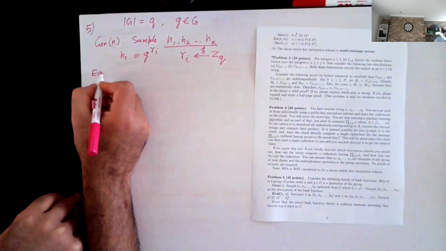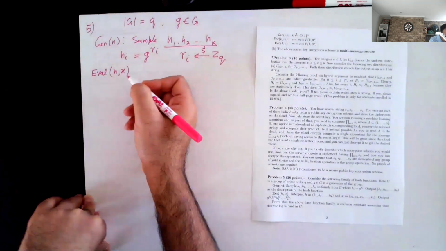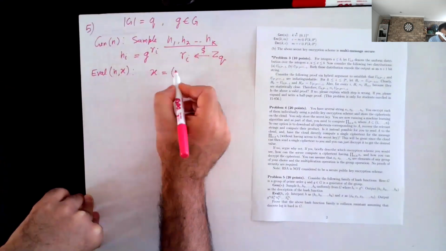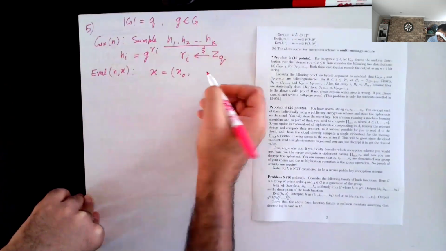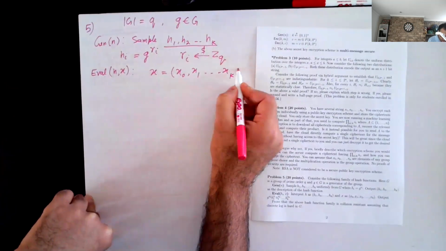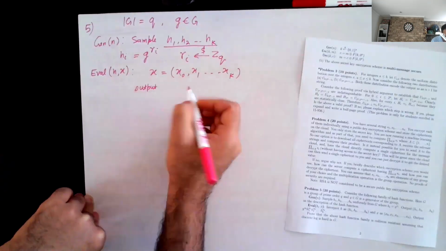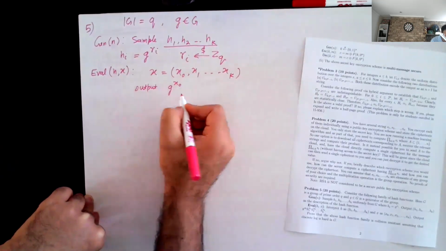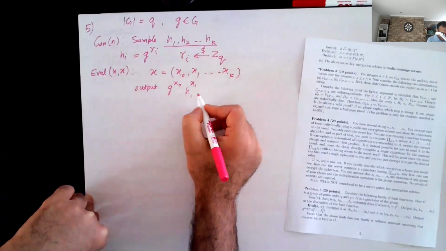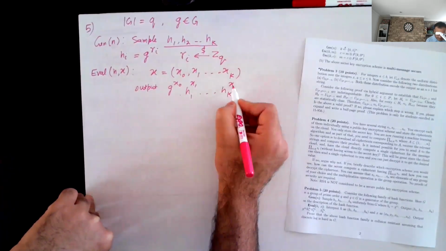And then how does this hash function work? It takes as input x, where x is interpreted as x0, x1 up to xk, and the output of the hash function is g to the power x0, h1 to the power x1, times hk to the power xk.